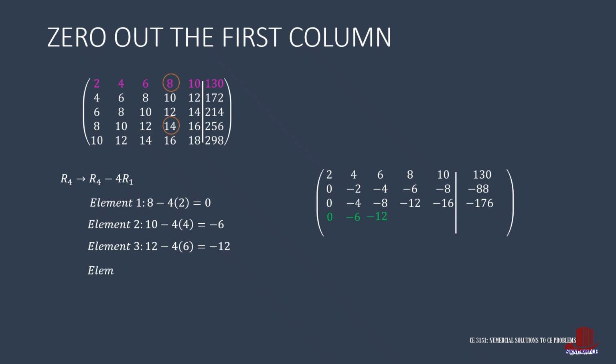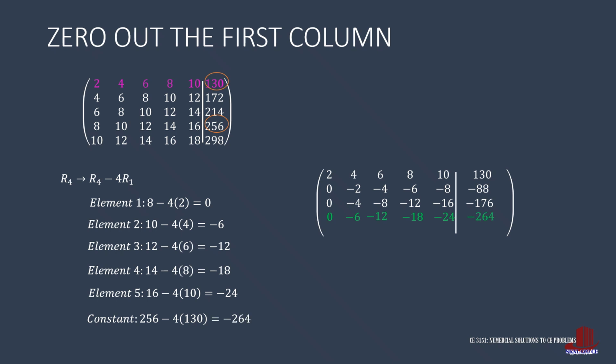The fourth element has 14 minus 4 times of 8, which gives negative 18. And then 16 minus 4 of 10, which yields negative 24. For the constant, there is 256 minus 4 times of 130, which is negative 264.